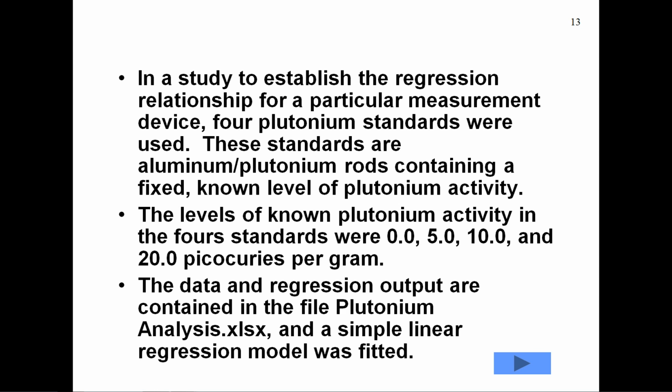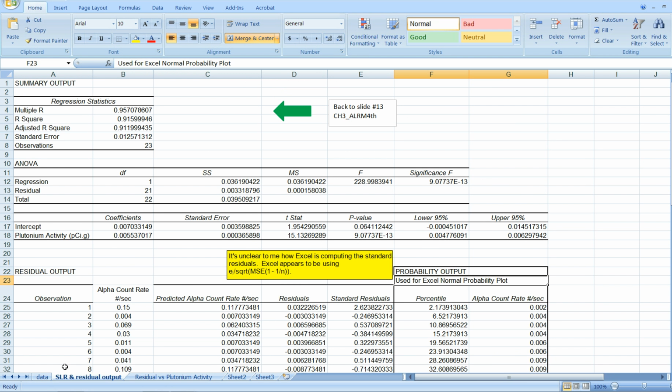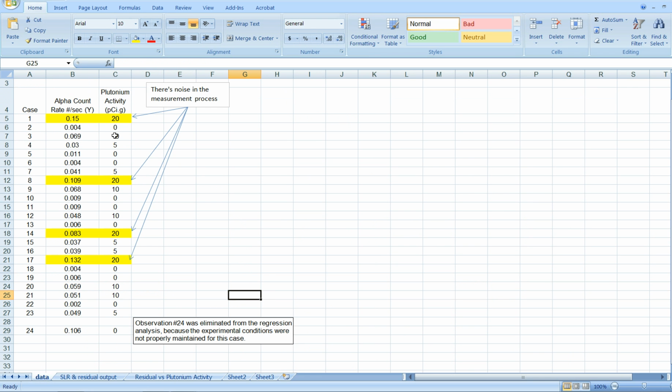And that data is in a worksheet called plutoniumanalysis.xlsx. And when we look at that data, I have 24 observations. One of the observations has been eliminated because it seems that the experimental conditions associated with that particular observation were fouled, and so there seems to be a legitimate reason for eliminating it.